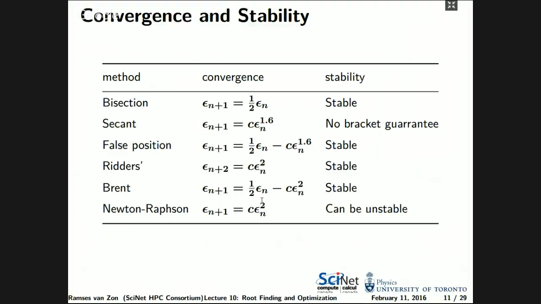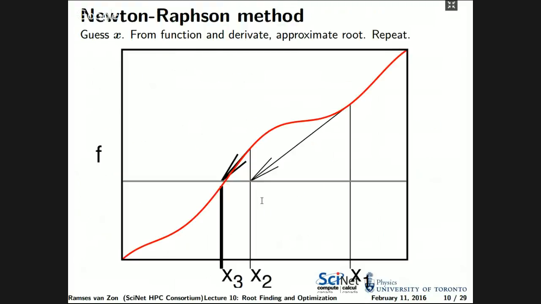Newton-Raphson, without much tricks, is quadratic. So every time your interval or your error decreases by a square. So that's why it's so fast. The reason you don't just use it like that is that it can be unstable. So I'll just go back to this guy here.